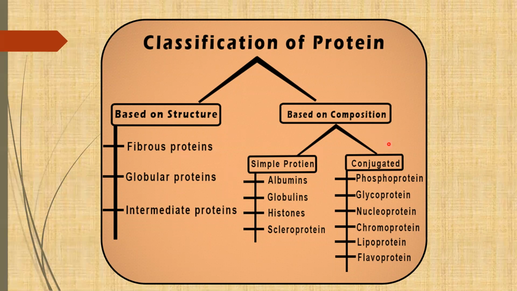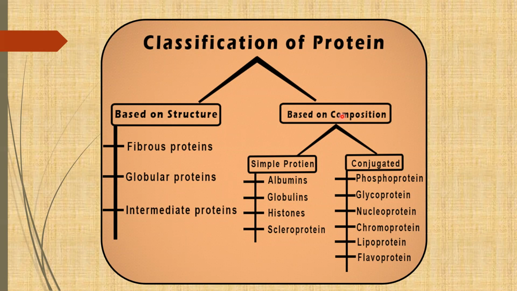On the other hand, if protein is classified on the basis of its composition, they are simple protein and conjugated protein. Simple protein is also classified as albumins, globulins, histones, and scleroprotein, whereas conjugated proteins are phosphoprotein, glycoprotein, nucleoprotein, chromoprotein, lipoprotein, flavoprotein.